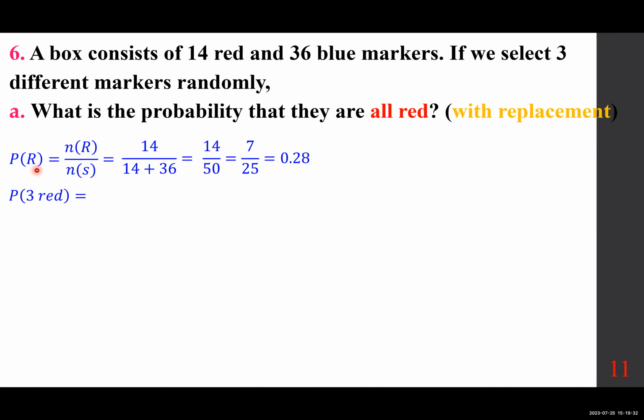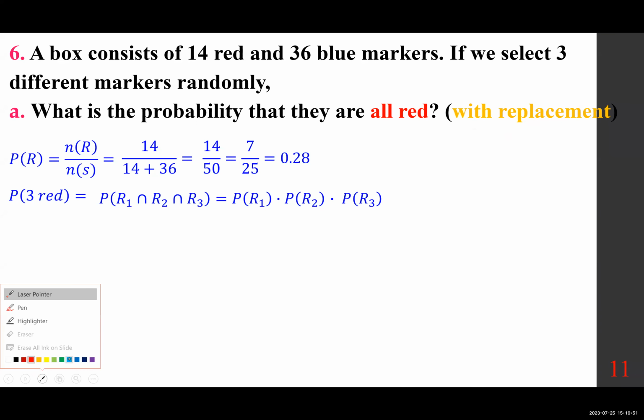If we want 3 of them, that's in essence probability of R1 intersection R2 intersection R3. That means the first one is red, the second one is red, the third one is red. And because they are with replacement, that means independent. So P of R1 is this number.